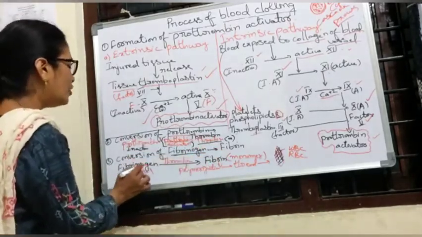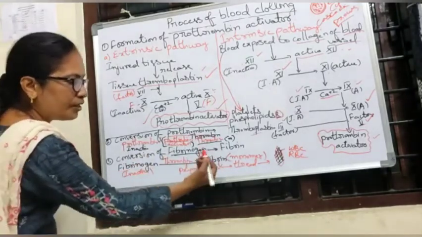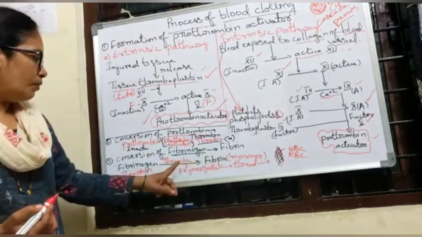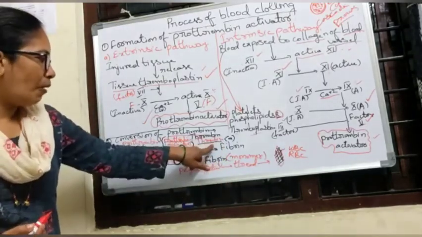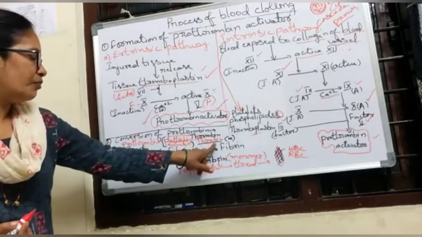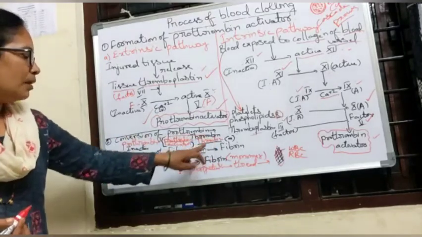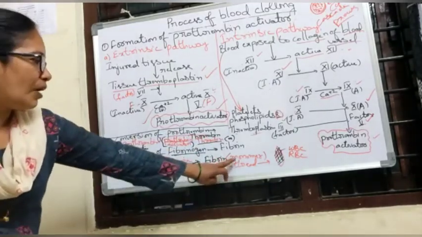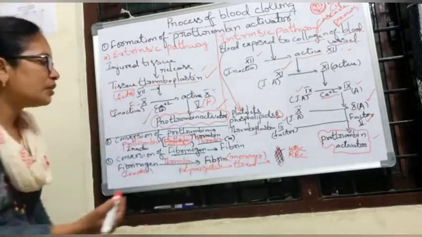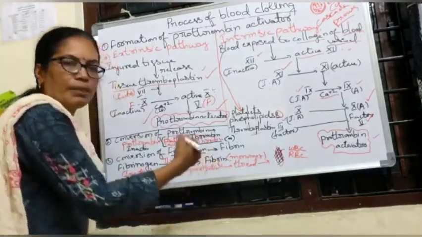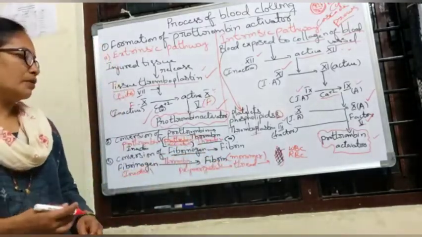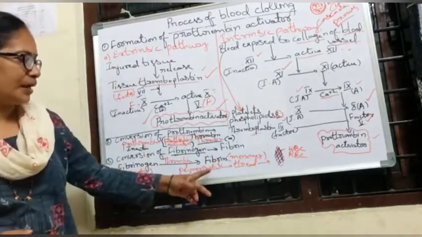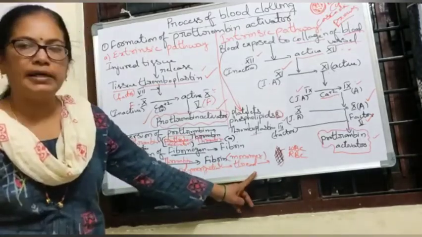Here fibrinogen is the inactive one that is converted into fibrin, the thread-like structures that are monomers. It is converted by thrombin, the active one produced in the second step. Here the fibrin is the monomers. After polymerization, many threads are formed and they form thread-like structures.